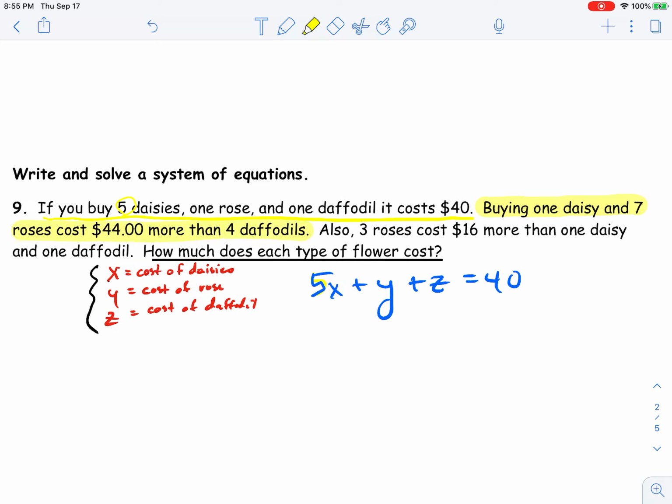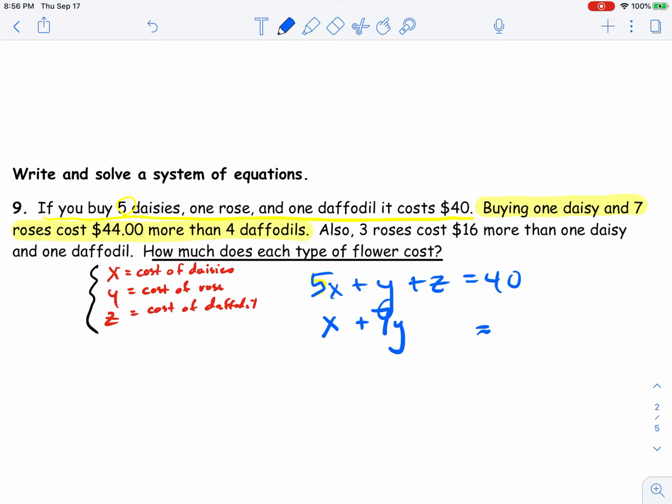The second equation I'm going to look at is here. And what I want to do is just say, okay, buying 1 daisy is X, and 7 roses, so plus 7y, costs 44 more than 4 daffodils.